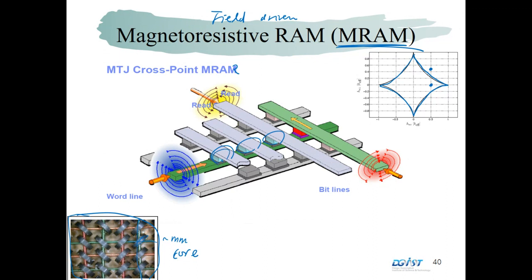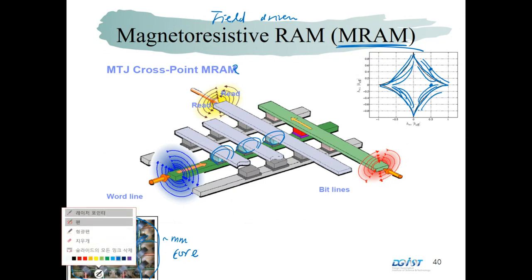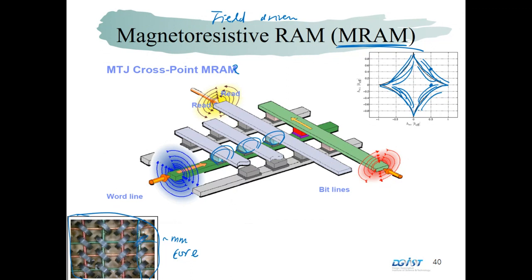The switching field of each cell is a little bit different. So the real asteroid curve of each cell is something like this. When you apply a field in this direction, unfortunately some of them switch. That's called unwanted switching.